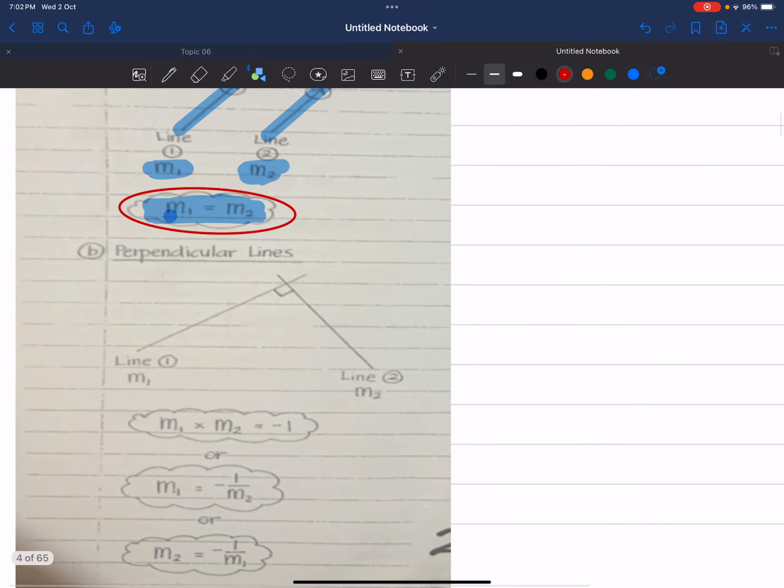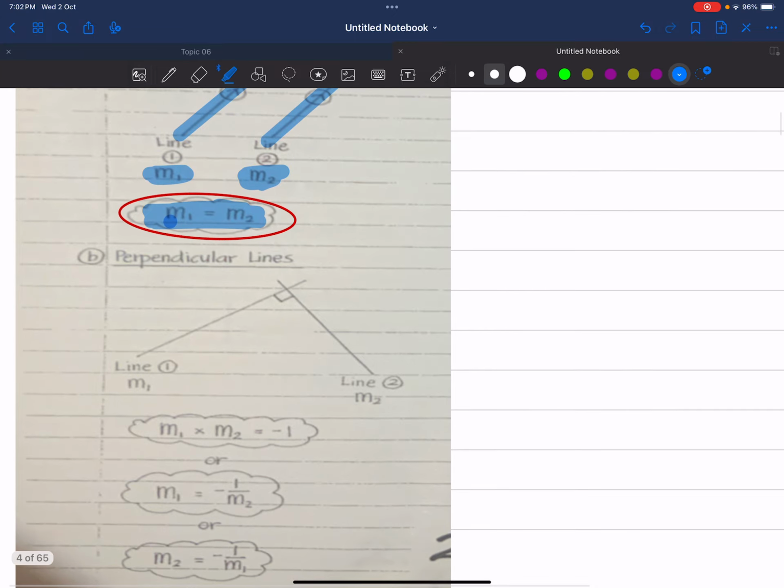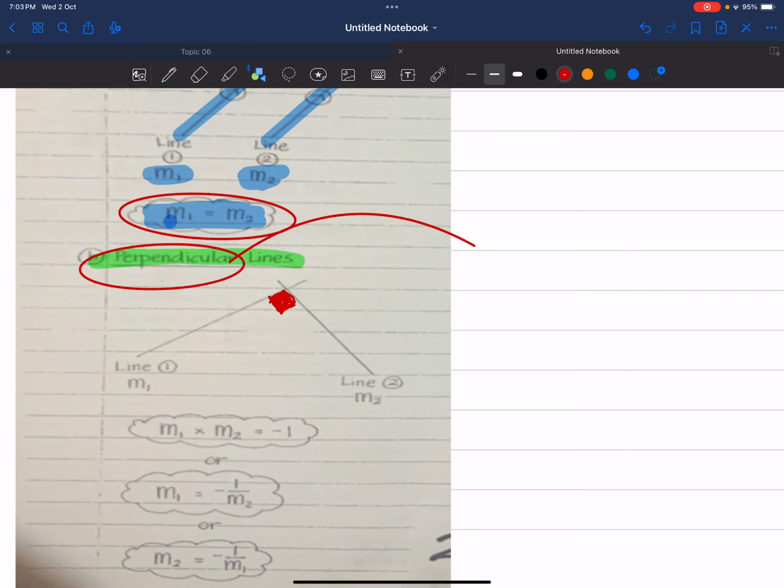Next, we look at perpendicular lines. Perpendicular lines means the angle between them is 90 degrees.